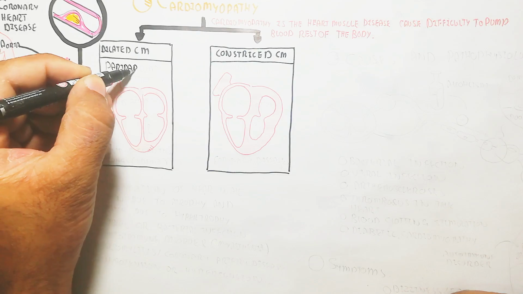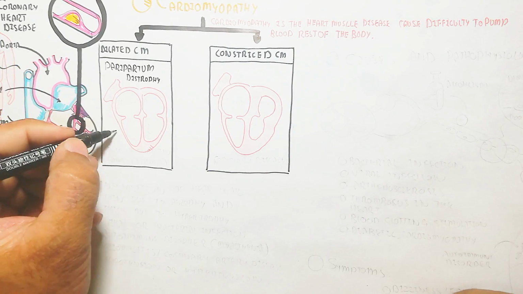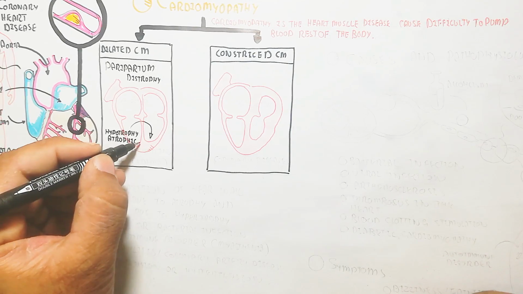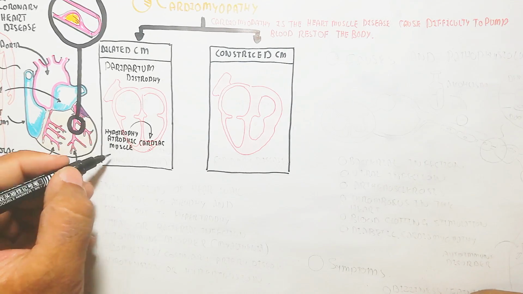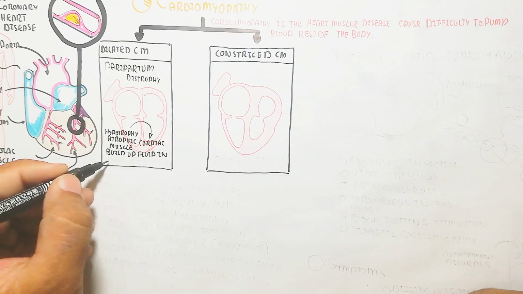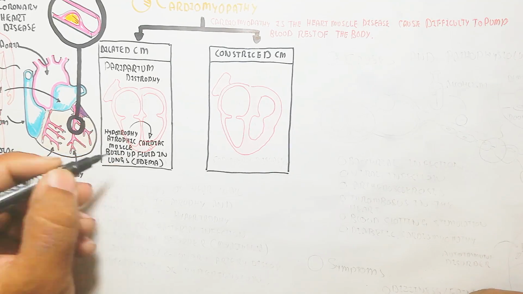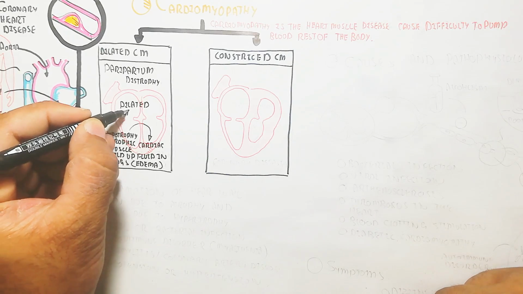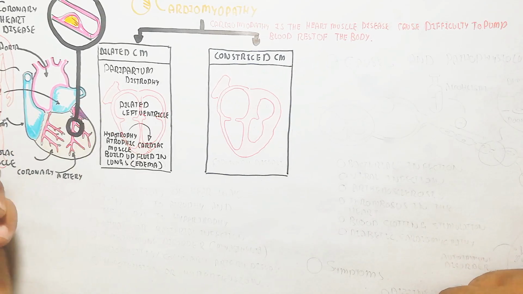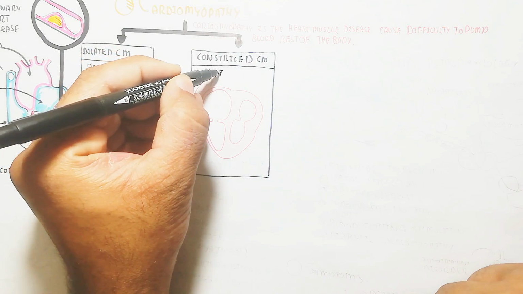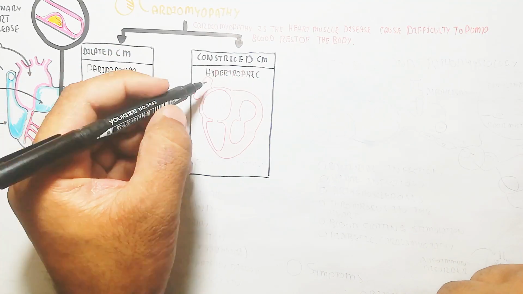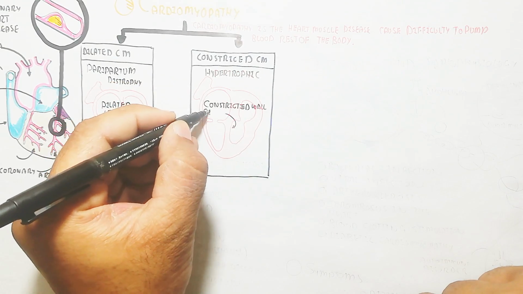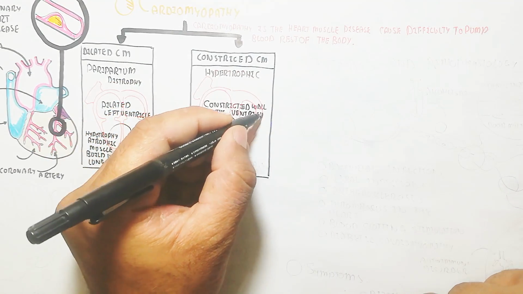Cardiomyopathy is divided into dilated cardiomyopathy and constricted cardiomyopathy. This is the peripartum dystrophy. In this, there is a thin wall of the ventricle, the left ventricle, with hypertrophy or atrophy, and the cardiac muscle builds up fluid in the lungs and leads to edema in the leg and in the lungs, and on the other hand in the arms and throughout the body.